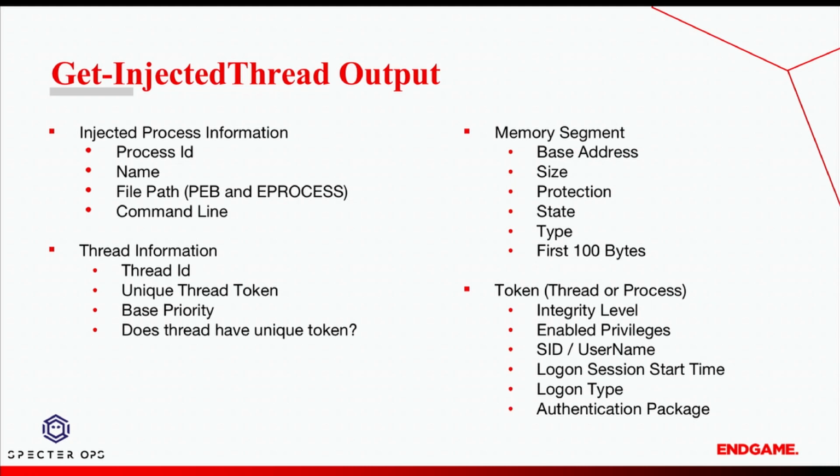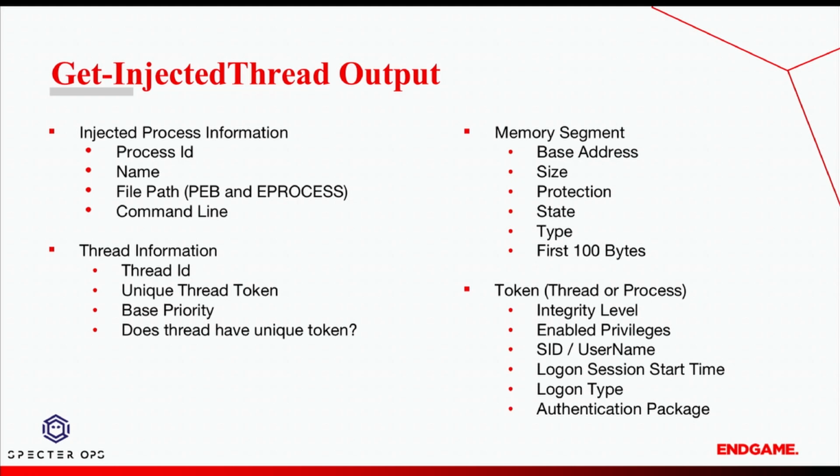What we can do is use different APIs to query the process environment block and the EPROCESS structure, which allows us to compare and see if there's been any changes to the file path. We can also check the command line. Then we look at the thread information: the thread ID, whether or not there's a unique user token for the thread, and the base priority. So has somebody made this thread more important than other threads? Does this thread have a unique token? I kind of already said that.